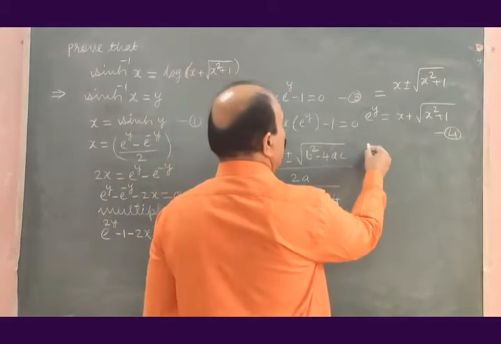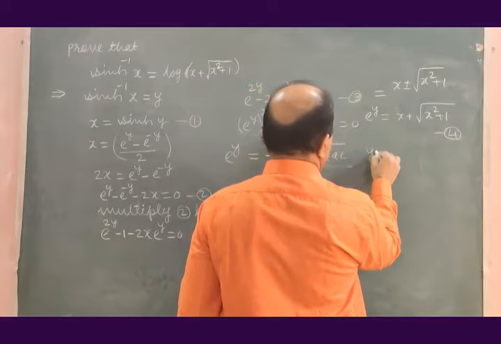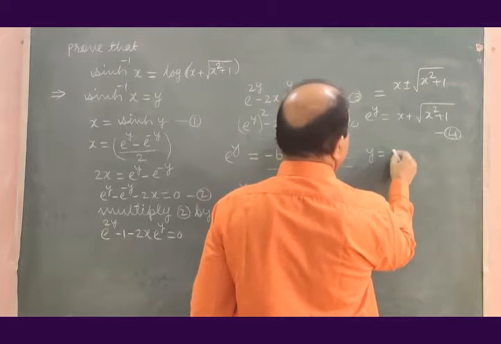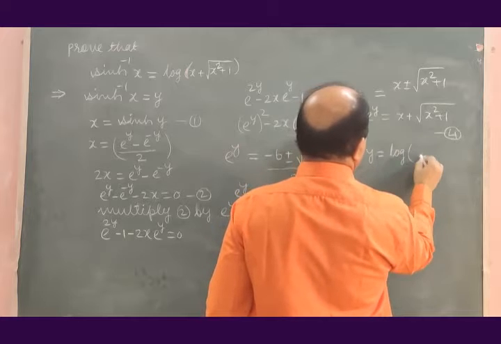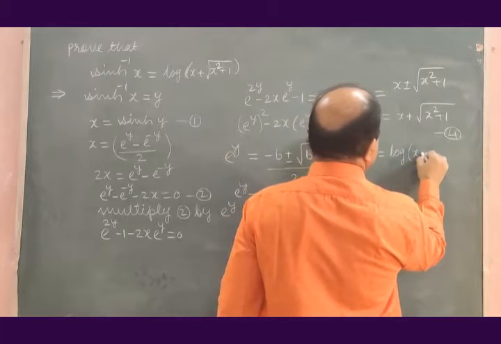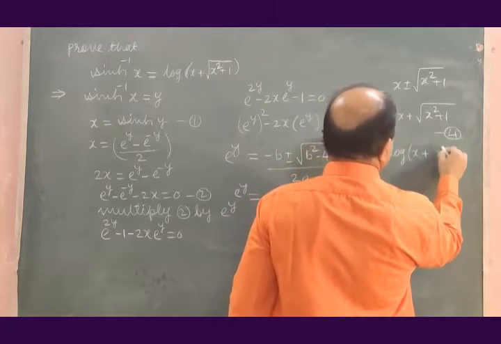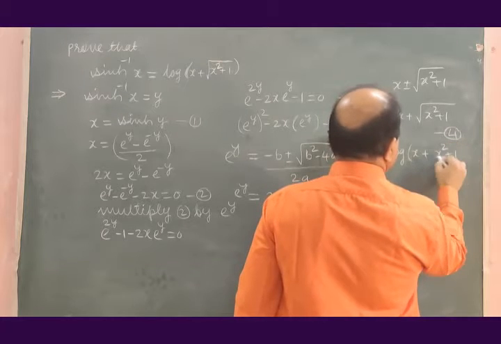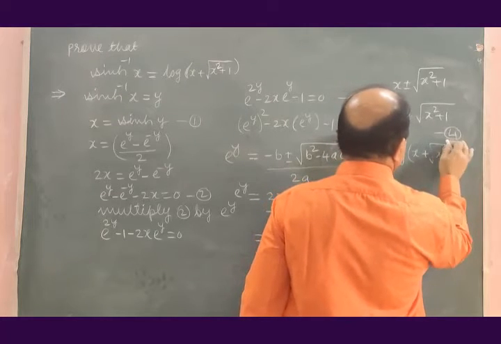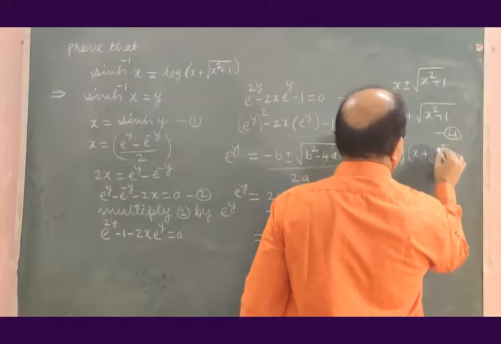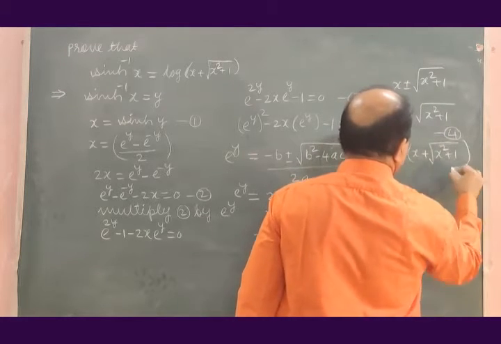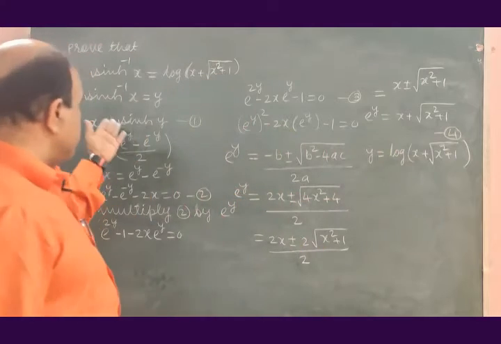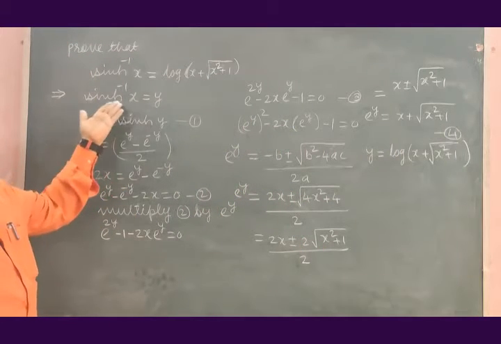If we take log on both sides, we will get y is equal to log of x plus square root of x square plus 1. But what is y according to this equation?